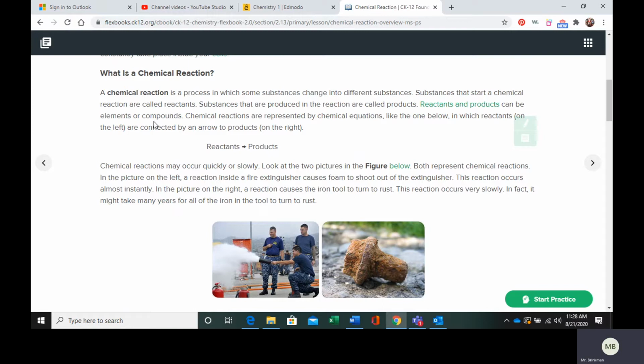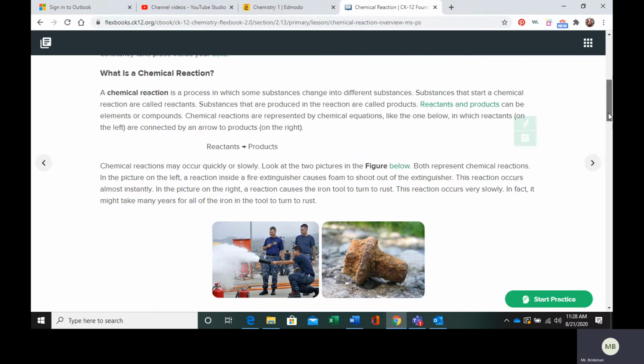Chemical equations, or chemical reactions, are shown as follows. You have your reactants on the left and your products on the right. So basically, you start with the reactants and you end with the products. You start with something here and you end up with something different on this side.